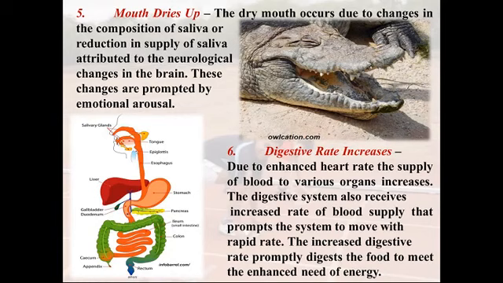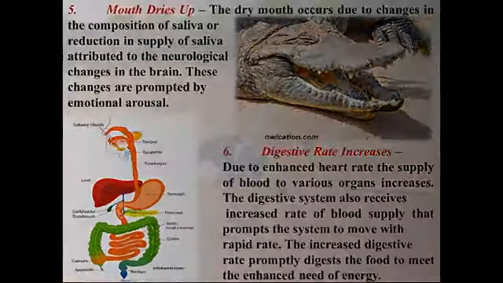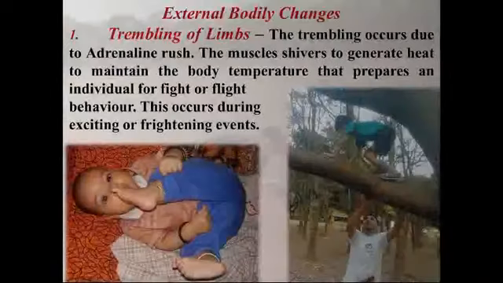For that, the digestive system has to work at a rapid rate, and that occurs through the requirement of more blood. Due to the enhanced heart rate, the supply of blood to various organs increases. The digestive system also receives an increased blood supply that prompts it to move at a rapid rate. The increased digestive rate promptly digests the food to meet the enhanced need of energy.